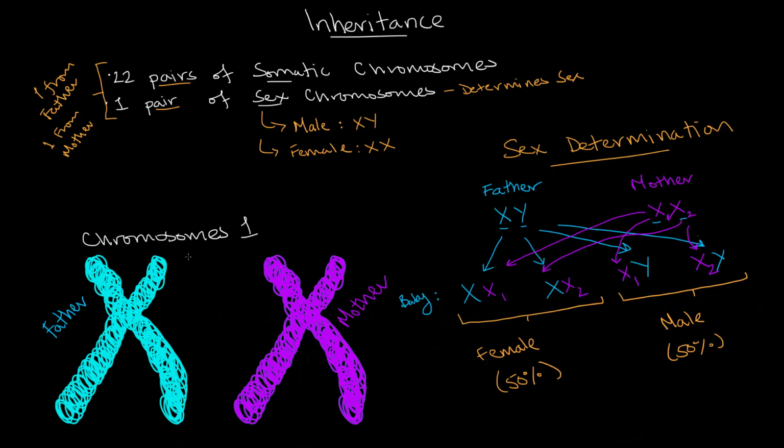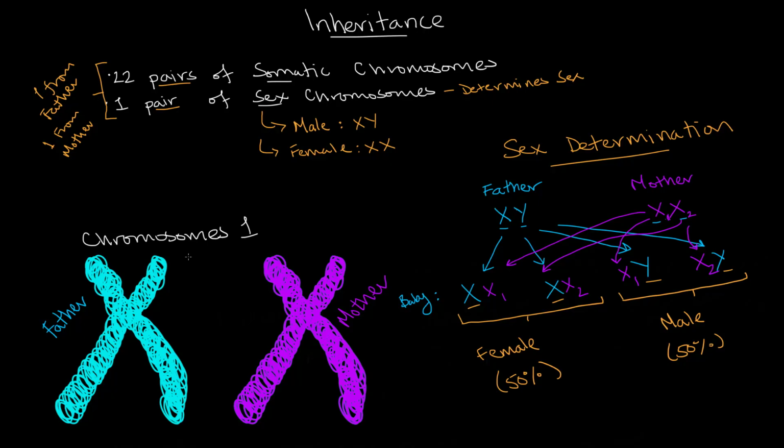And so you'll actually see a pattern. Whether the mother gives the X1 or the X2 chromosome, it doesn't matter, because whether the father gives the X or Y really determines whether the baby becomes male or female. And so in a way, it's sort of up to the father to decide the sex of the baby.